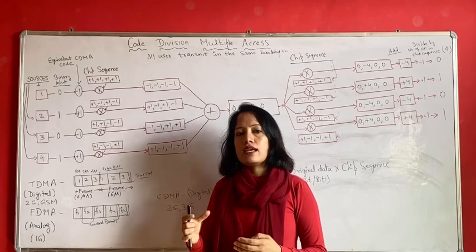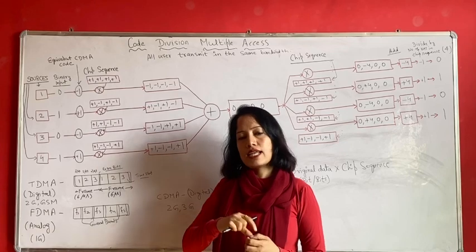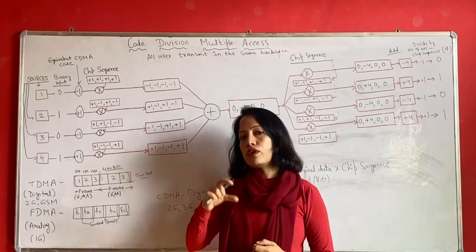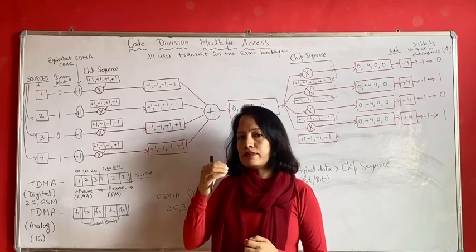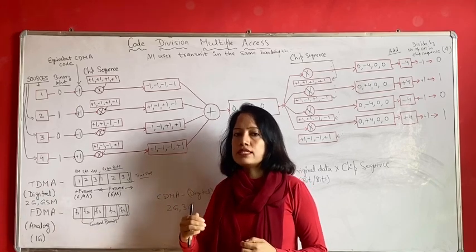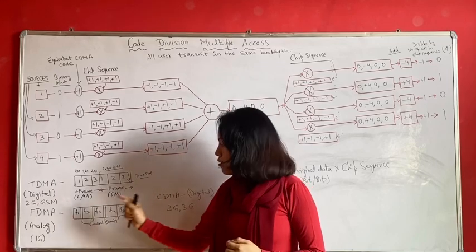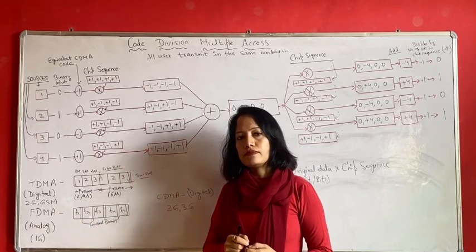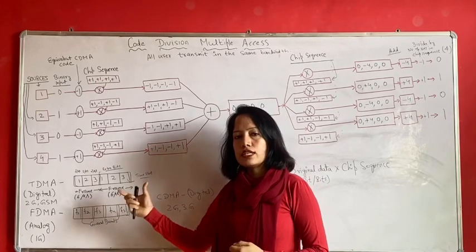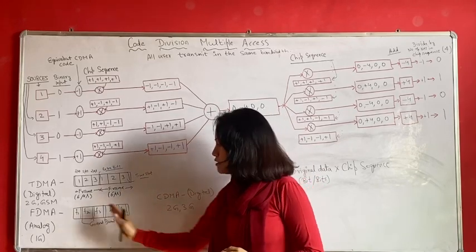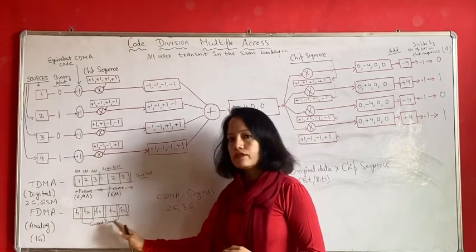Suppose the channel has been allocated a frequency spectrum in which it has to communicate. Then the whole frequency spectrum, or the whole bandwidth, is subdivided into smaller bandwidths and each bandwidth is given to each of the users. So here there are a total of 5 users, hence the total frequency spectrum is subdivided into 5 different parts and each part is given to each of the users.